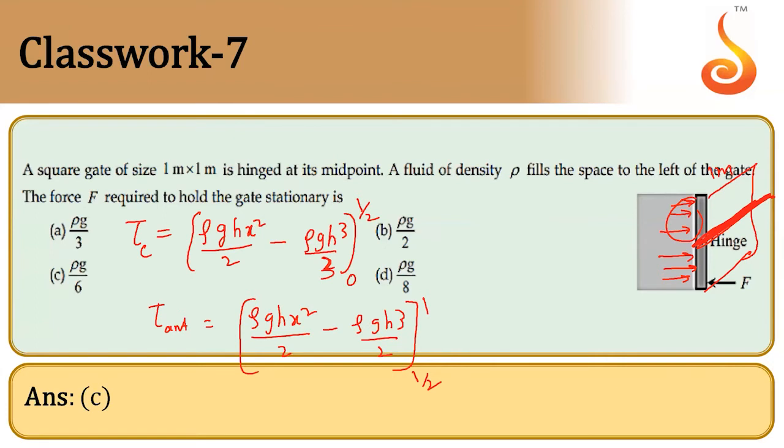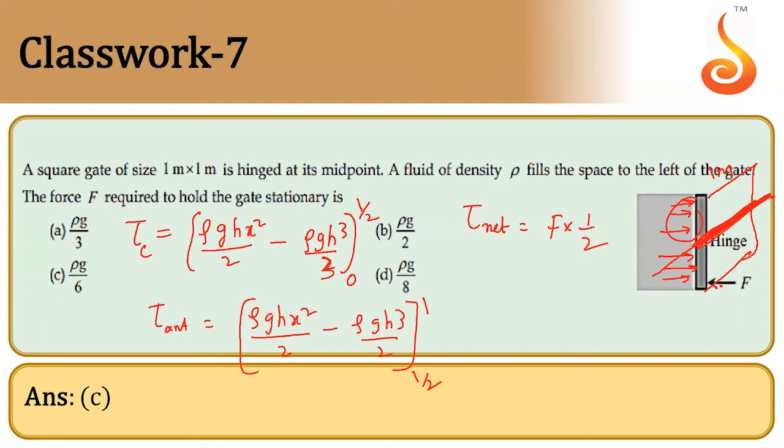So you integrate, you calculate anti-clockwise torque, you calculate clockwise torque, and then you calculate the net torque. Because of the net torque, the gate or the vertical wall will rotate in the anti-clockwise direction. To avoid that, we have to apply one force at the bottom. Our force will produce one torque about the middle line, which is force into perpendicular distance, F into half.